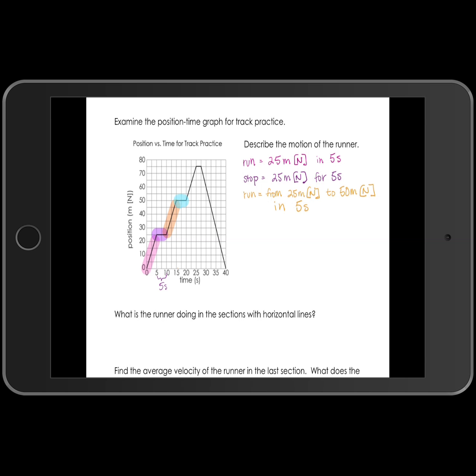Okay, our next part here, they're stopped again at position 50 meters north, and they are going to be stopped for 5 seconds.